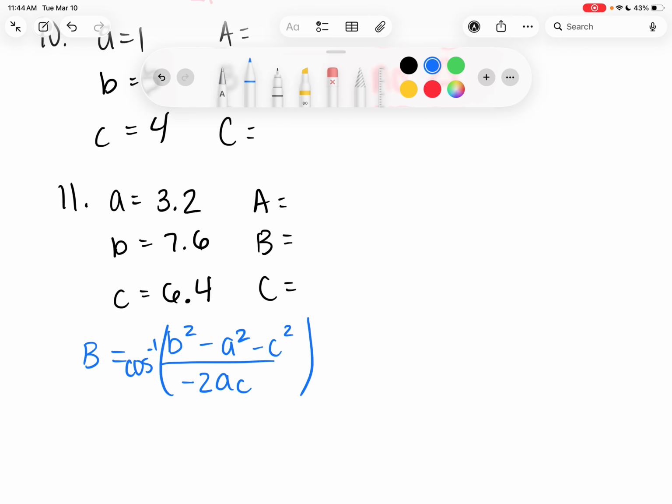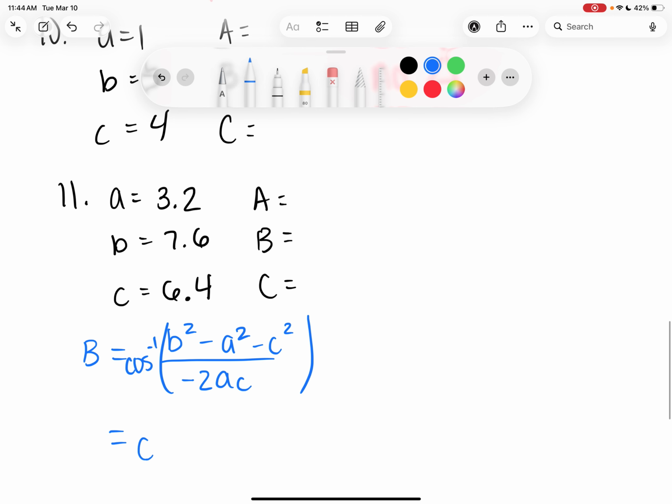Now, since this problem started me out with 1 decimal place, I'm going to keep the 1 decimal place through. With angles, it really doesn't matter, but if I was solving for a side, I would just stick to the 1 decimal place. But if you do decimal places and you're supposed to round to the nearest whole number or vice versa, I'm not going to take off for that. I'm just letting you know that's what I would do.